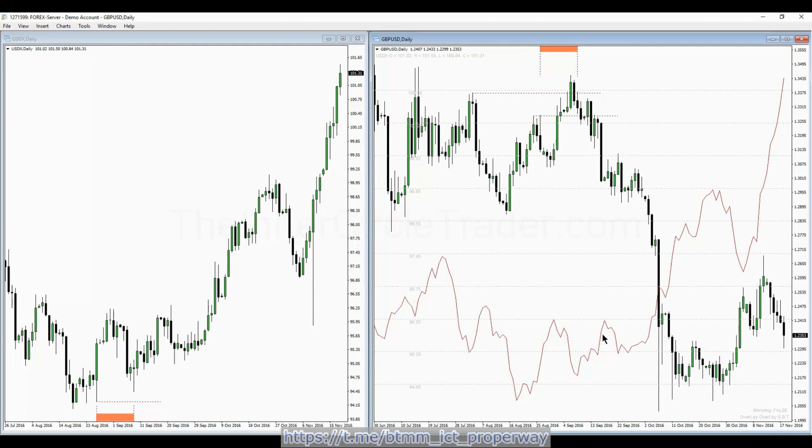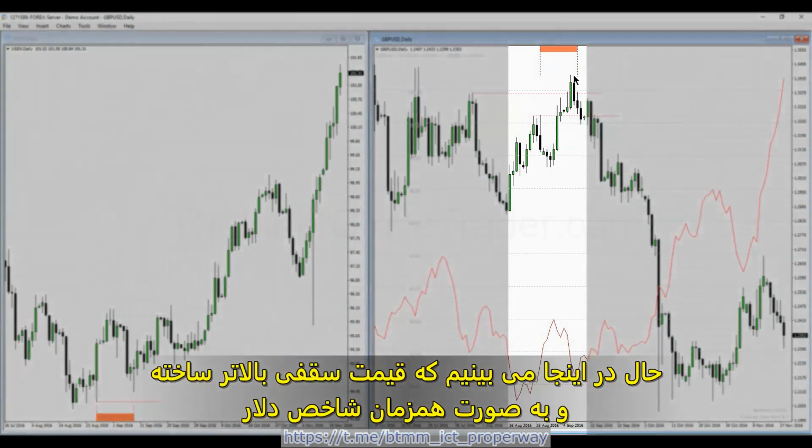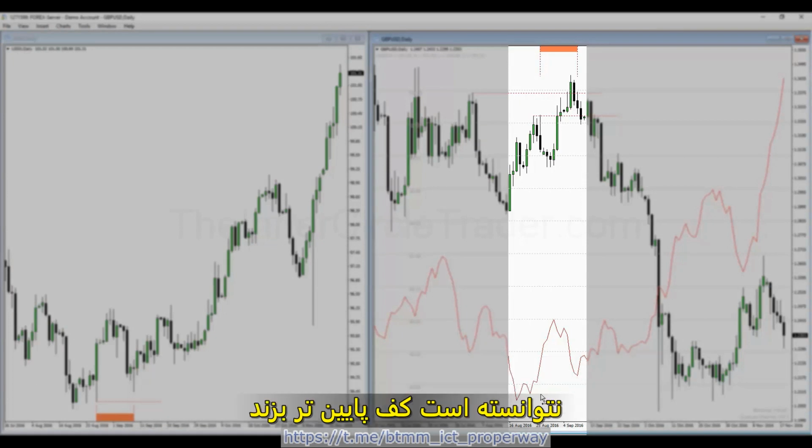And you can see in here we see price making that higher high. At the same time, the dollar index was failing to make that lower low.